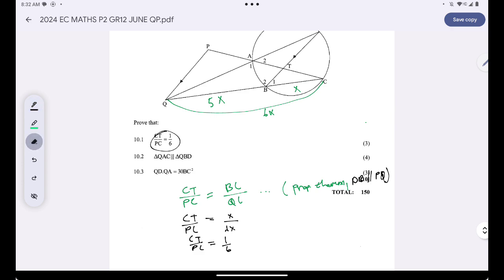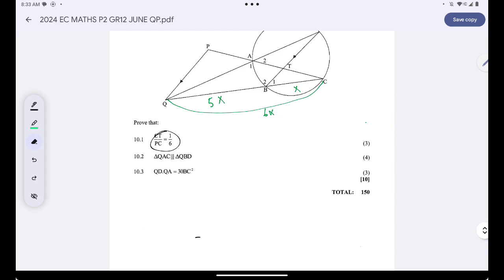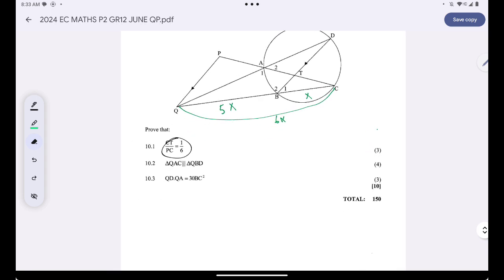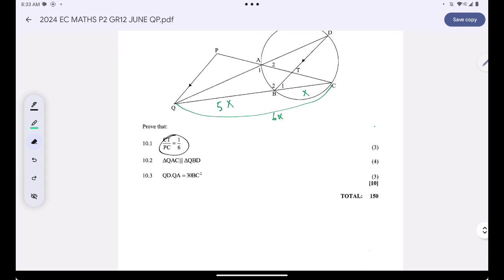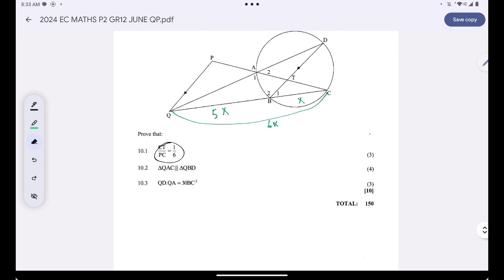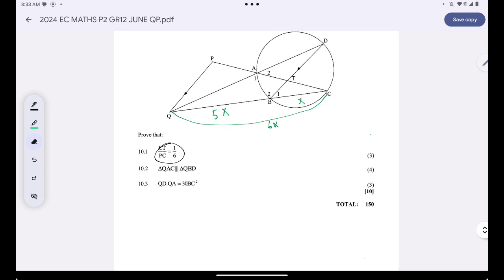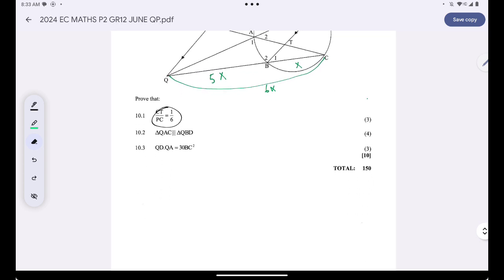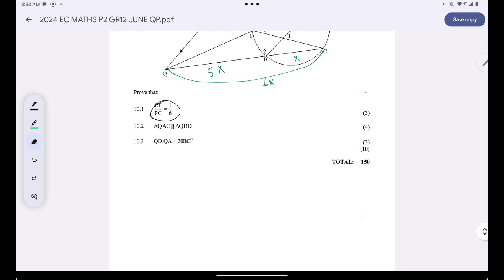Okay. Secondly, I'm supposed to prove that triangle QAC is similar to triangle QBD. QAC and QBD. Okay. I'm comparing two triangles, right?